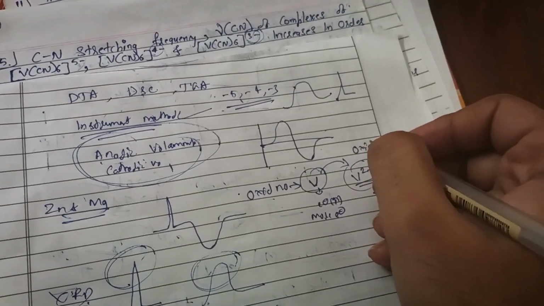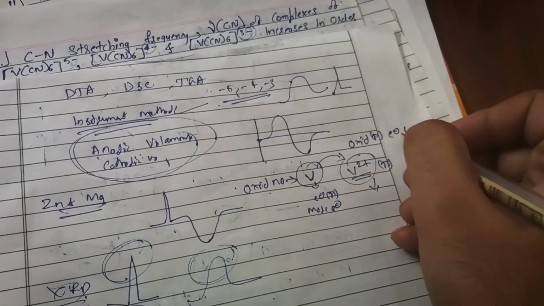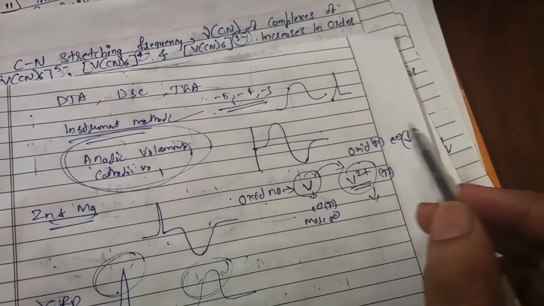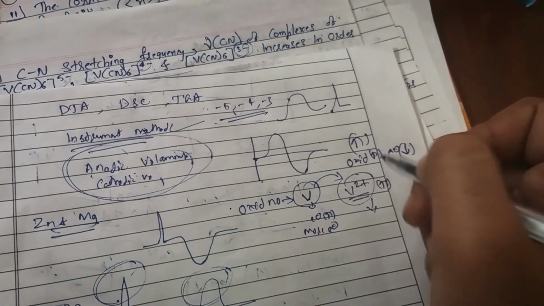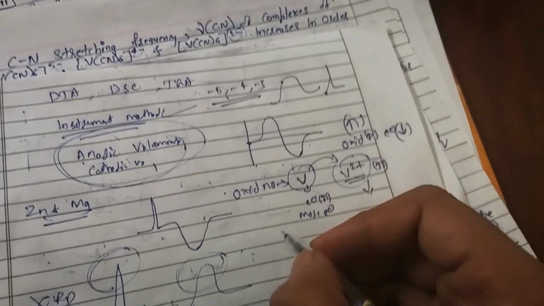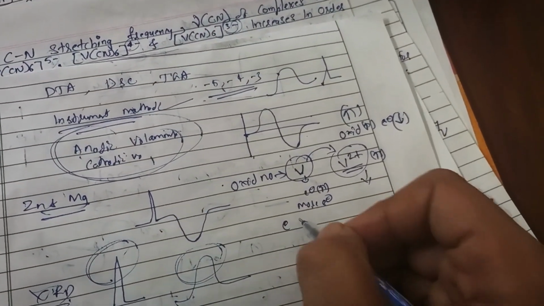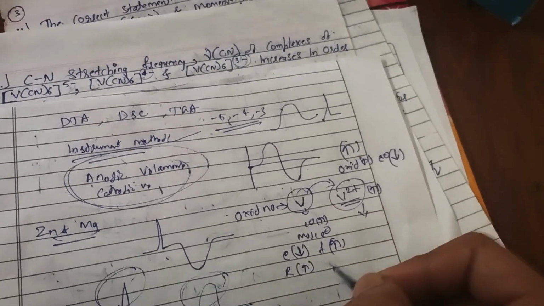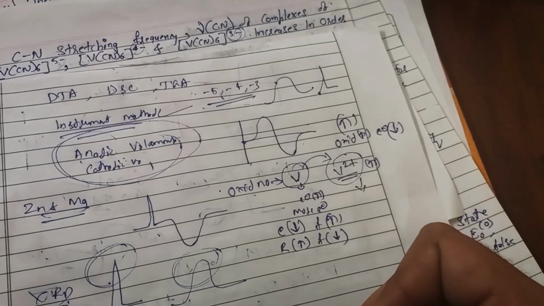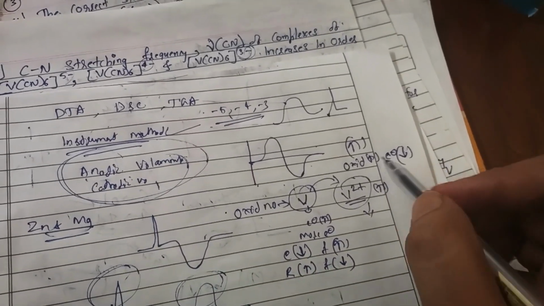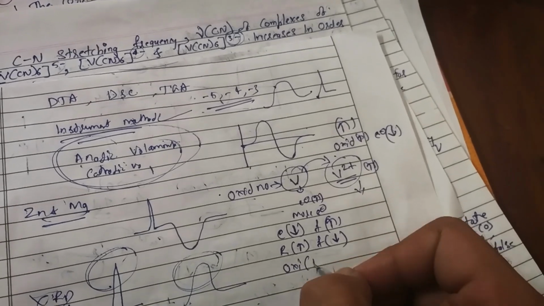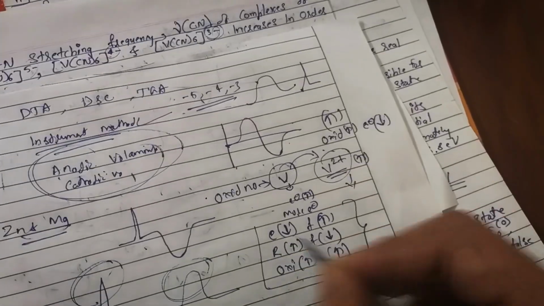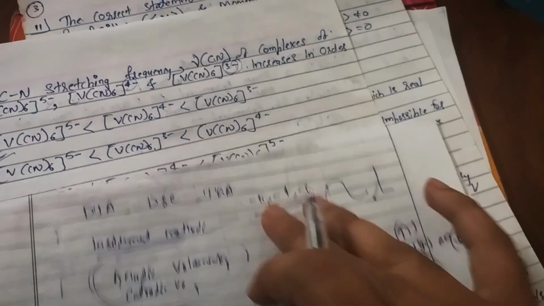So if oxidation number increases, electron density decreases, and then frequency increases. Keep in mind: if electron density decreases, frequency increases. If resonance increases, frequency decreases. So if oxidation number increases, frequency also increases. You have to know this concept before attempting the answer.